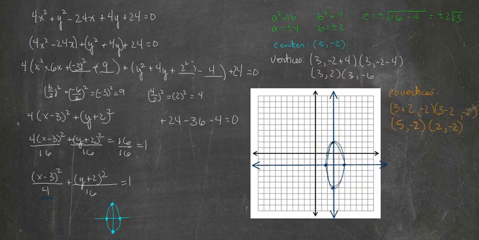And now the only thing we need to figure out is where the foci are. I'm just going to sketch them in. Remember, because they're on the same axis as the vertices, they're going to mimic the behavior of the vertices.